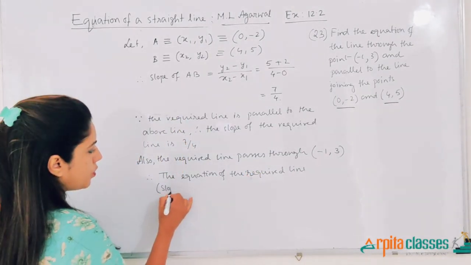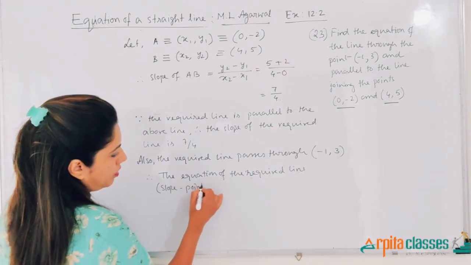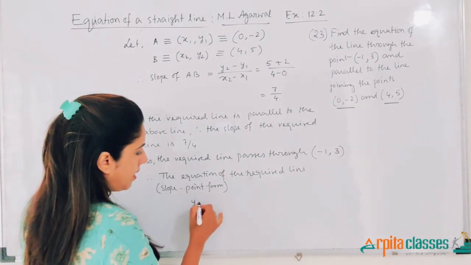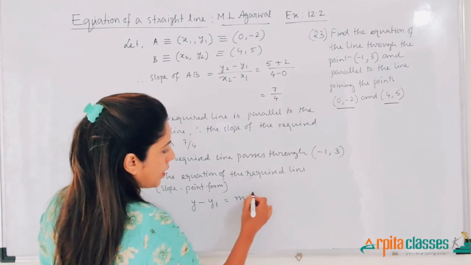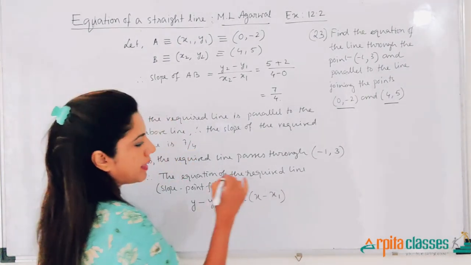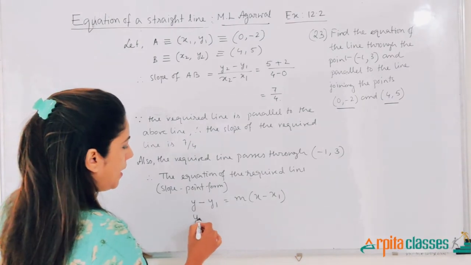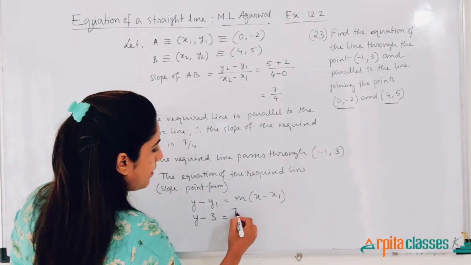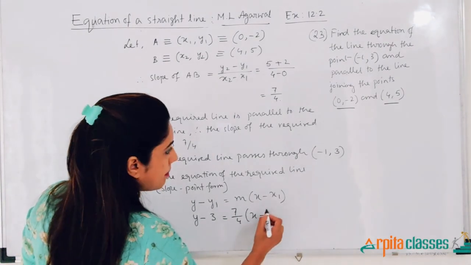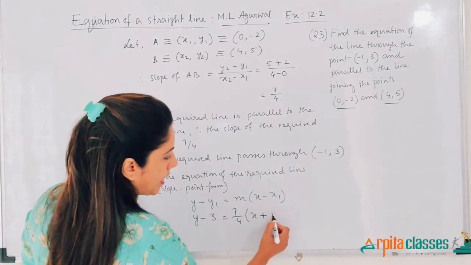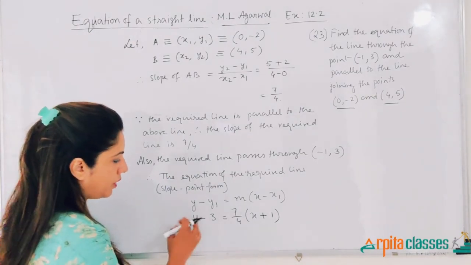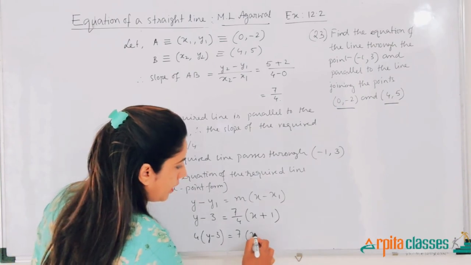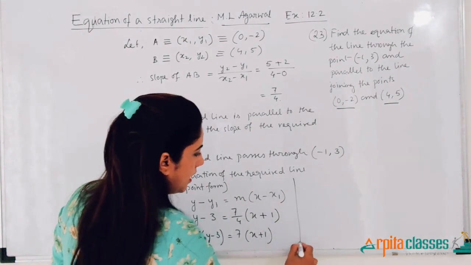So first we write down the form: y minus y1 is equal to m into x minus x1. y1 is 3, m is 7 upon 4, x minus x1 is x plus 1. Now get 4 this side: 4 into y minus 3 is 7 into x plus 1. Now let us solve it.